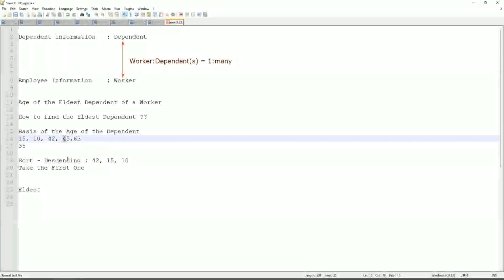What if we have 42 twice? Yes, very interesting. That is seriously difficult. Or maybe, let's remove the 63. Then we have to return both their names, right, because we are looking at the eldest one.